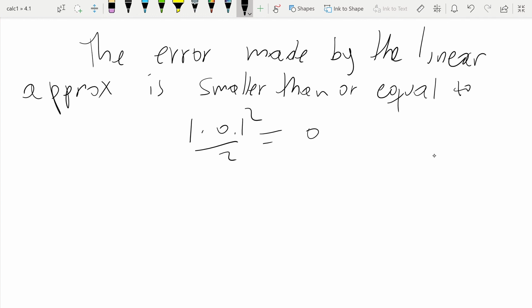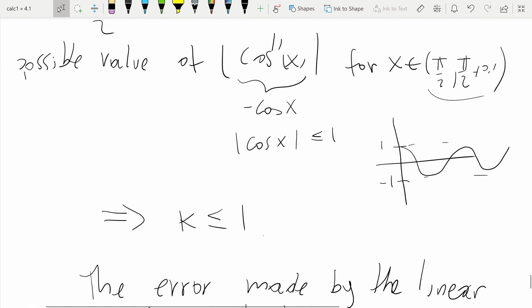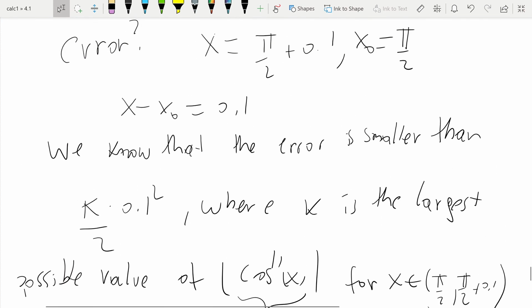And this is 0.01 divided by 2. So this is our error, which is actually quite small. See? We'll see another example in the next video.